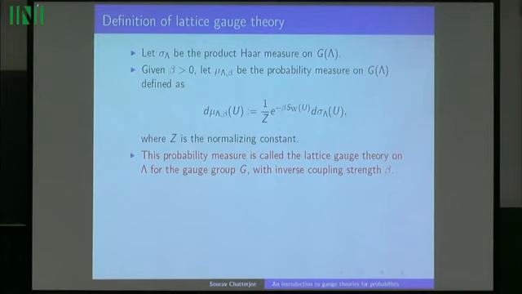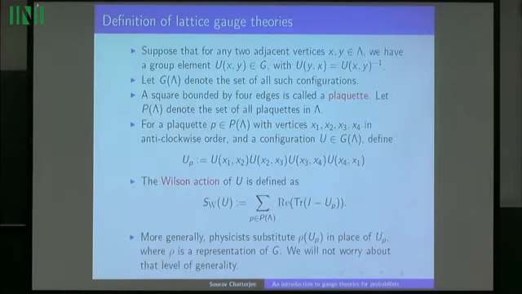Just to have a picture, what does it favor? Yes, that's a good question. Suppose beta is large. Then it will try to make this thing small. You see, this is a unitary matrix, so its eigenvalues are all on the circle.